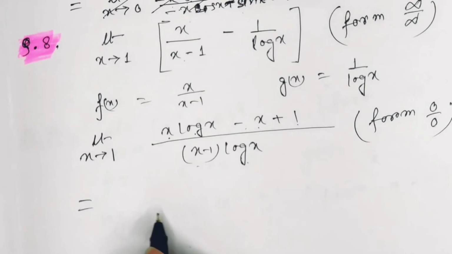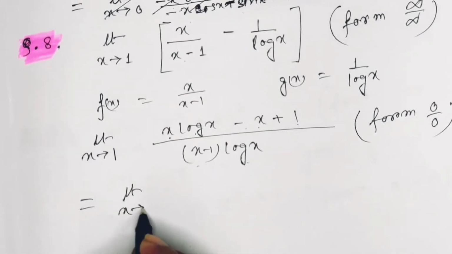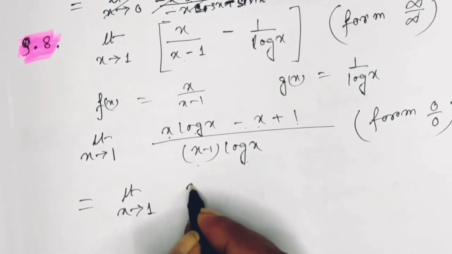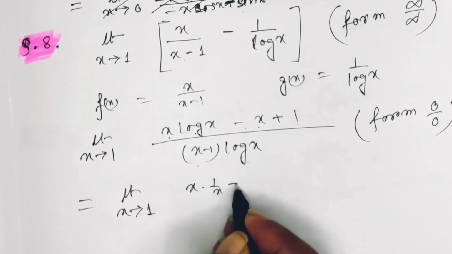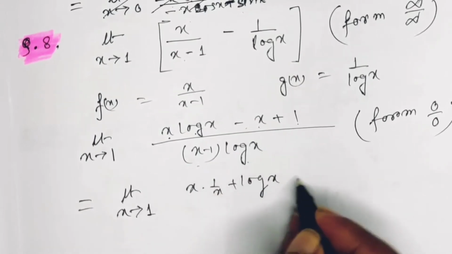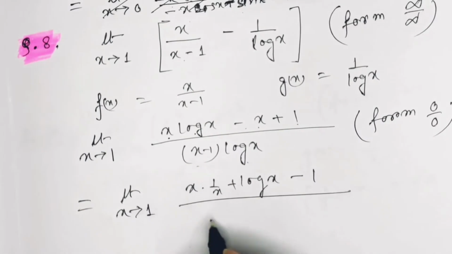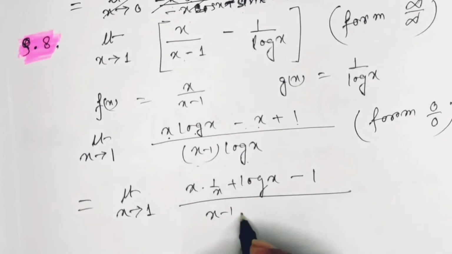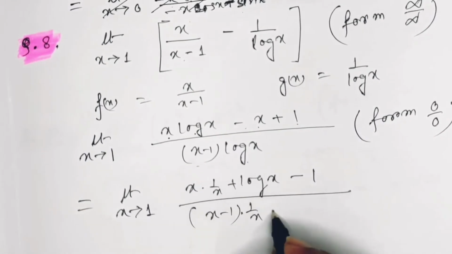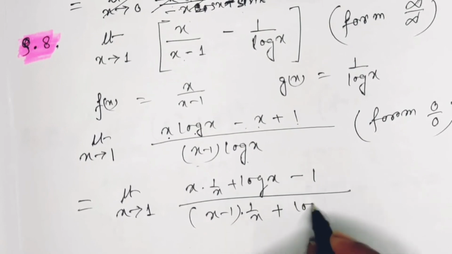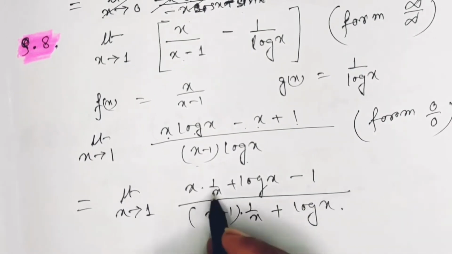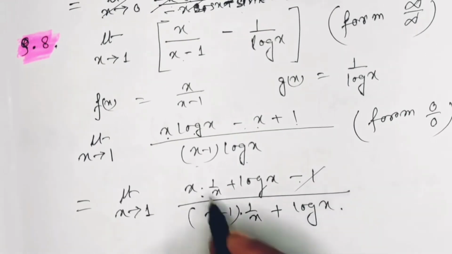After that we take the derivative of the denominator and numerator, and we find x into 1 by x minus log x, plus log x, minus 1, divided by x minus 1 into 1 upon x, plus log x. This is 1 and this is minus 1, so this portion is cancelled out.